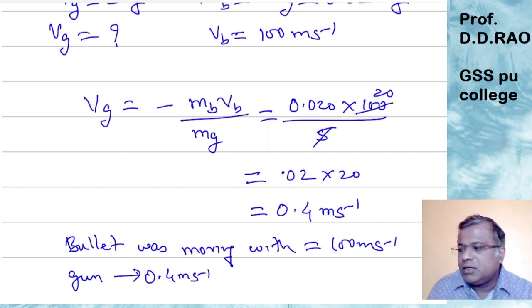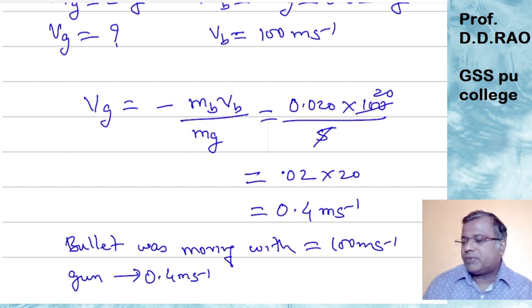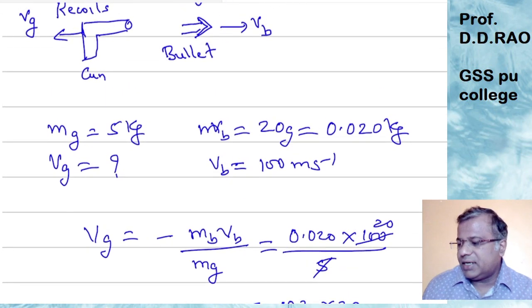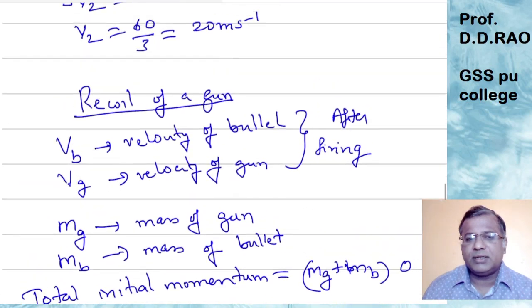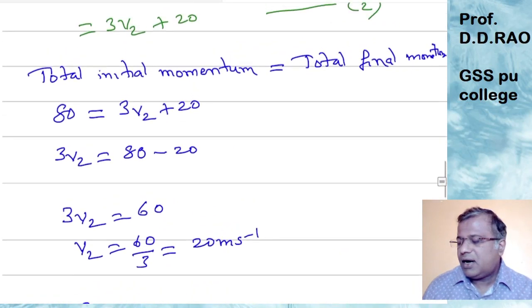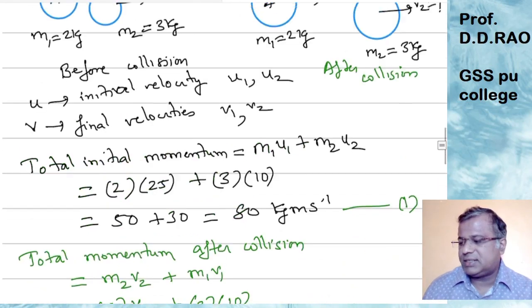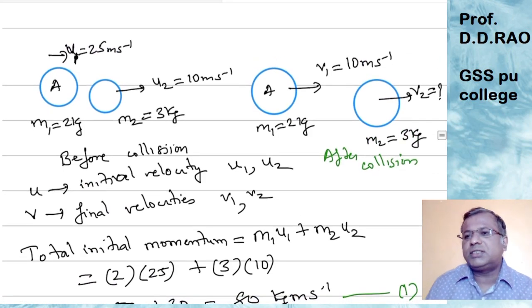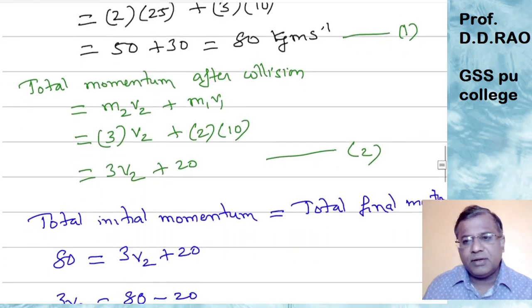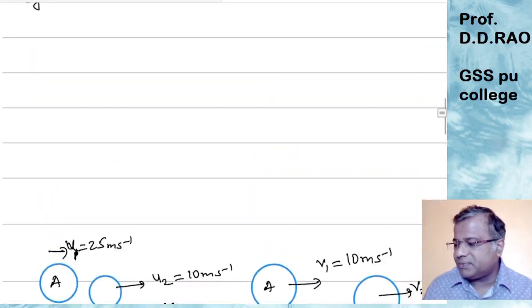So this is how you can calculate the recoil velocity of a gun. Okay, so you can go through this derivation once again. Maybe it's a bit slanted over here, right? Then you can apply this law of conservation of momentum for collisions, for this gun, whatever examples I have taken.